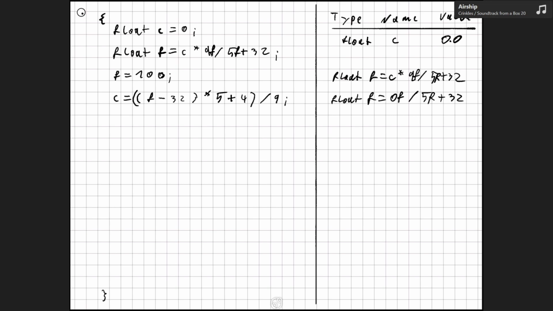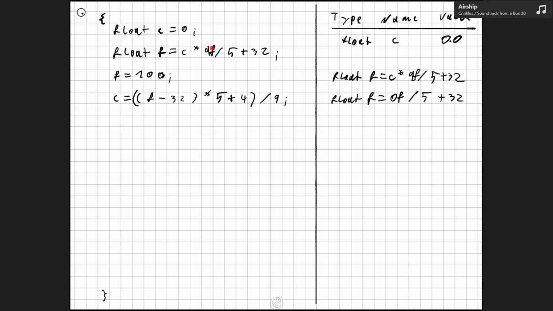But maybe we don't want that. Maybe we are too lazy. Maybe we don't want to go everywhere and turn this into a float by hand. That's not an issue. The computer will do that for us. Well, sort of. The computer will still treat this as an integer. When we write our program, this 9 is a float.